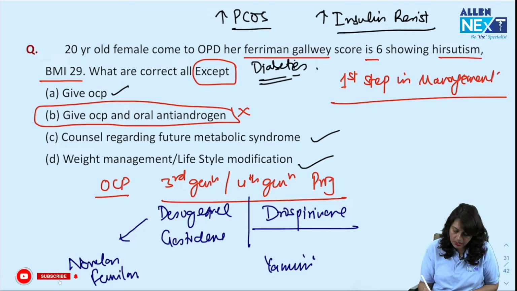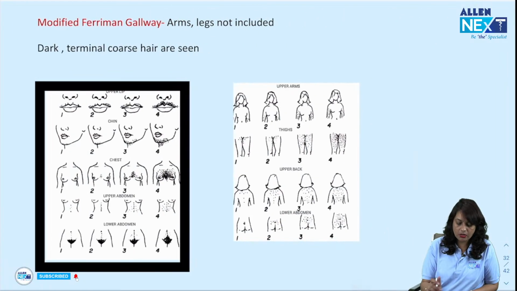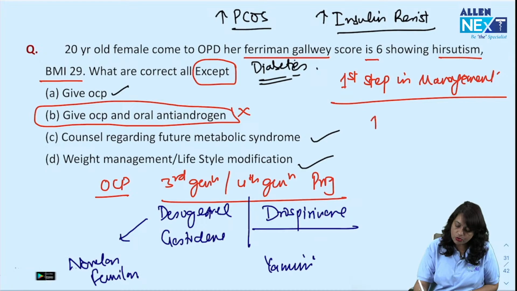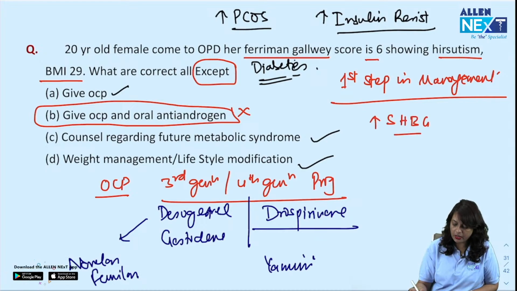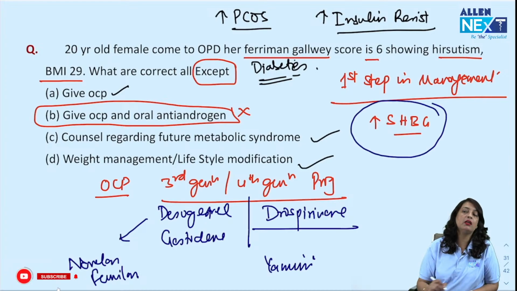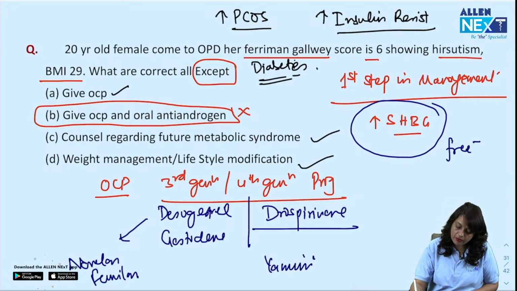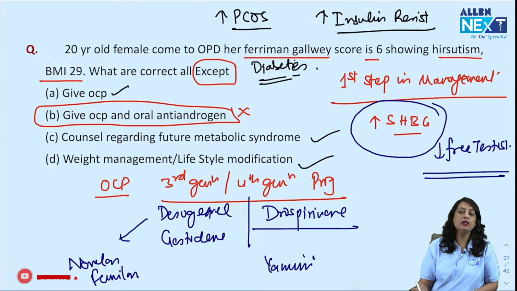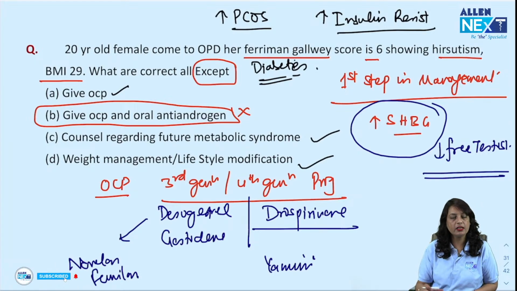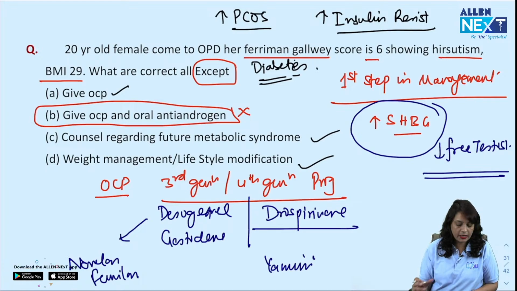What happens is that these progesterones are known to increase the sex hormone binding globulin, which is low in PCOS patients. When the sex hormone binding globulin is raised, the free testosterone levels will decrease, and hence the hirsutism will get corrected, and further development of hirsutism will not take place.